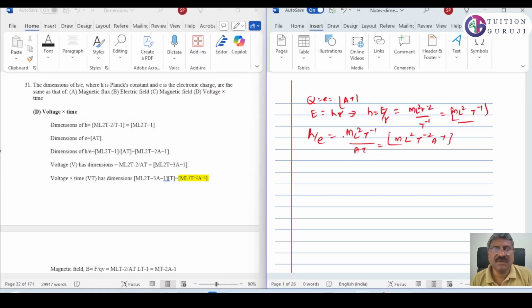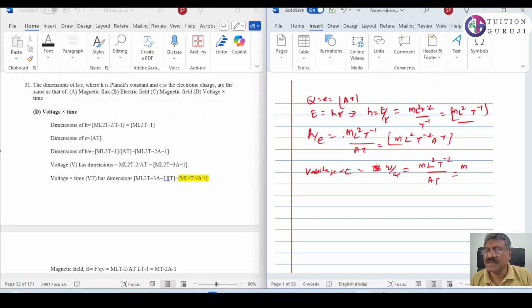So let us take one by one. Now first we'll take voltage into time. Voltage, we know, is equal to W by Q. W is nothing but work, ML²T⁻², and Q is AT.